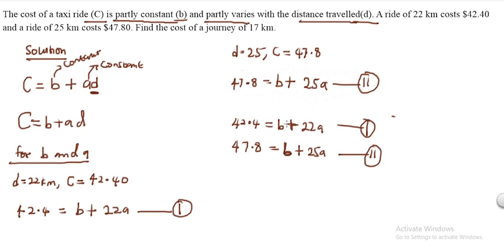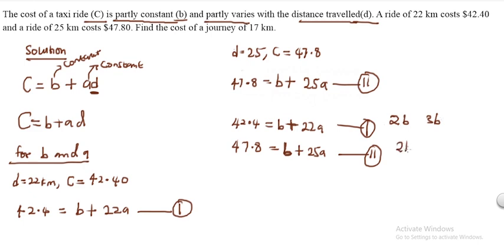Now the first thing I'll do is to eliminate one of the variables. For me to be able to eliminate any of the variables here, I have to make sure they have the same coefficient. What do I mean by the same coefficient? If I have 2b and 3b, the coefficient of this b is 3, the coefficient of this b is 2, so they do not have the same coefficient.